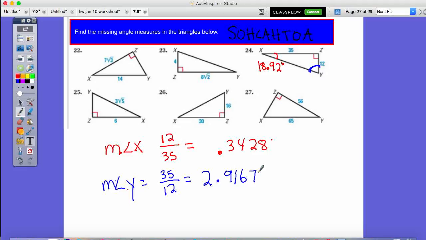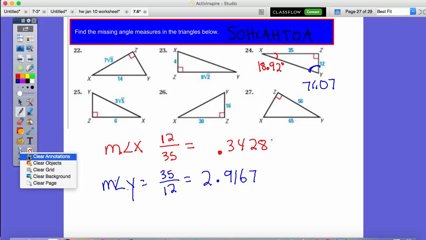That's my tangent ratio. It's actually 2.9166666666. Second button tangent, and I get 71.07, which when I add that to 18.92 is 89.99. So I'm very close to 90 degrees. I'm going to consider that I did that correctly.